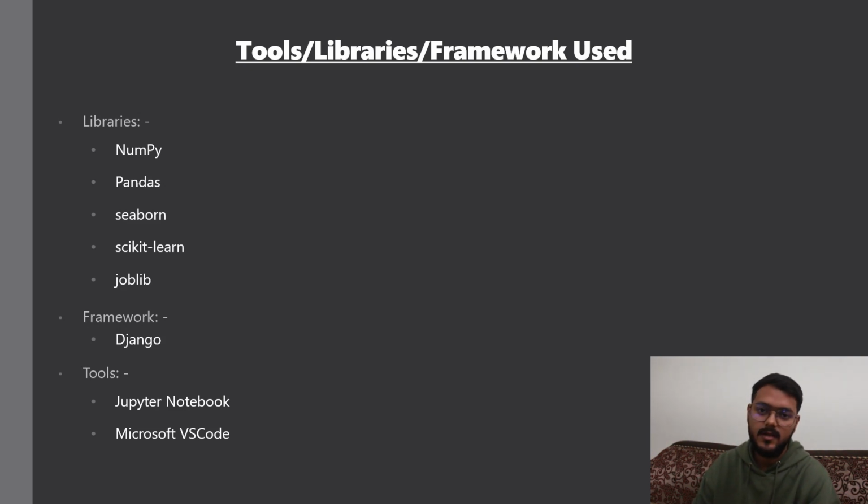It is basically a machine learning library in Python, and within this library I've used the logistic regression model. The last library that I have used here is joblib. Basically I have used this library to export my model into a SAV file so that I can easily connect it with Django. And yes, the framework that I have used here is Django, and these two tools, Jupyter Notebook and Microsoft VS Code, I have used them to create this project.